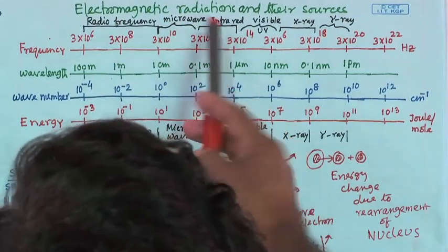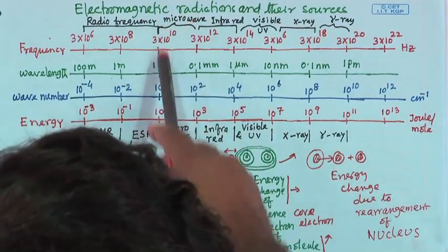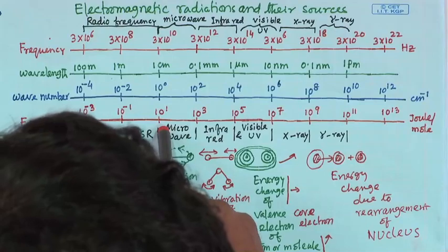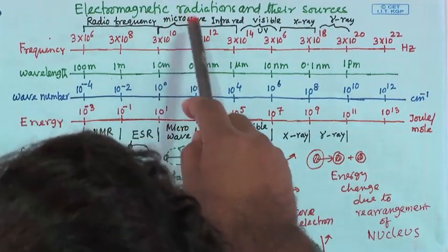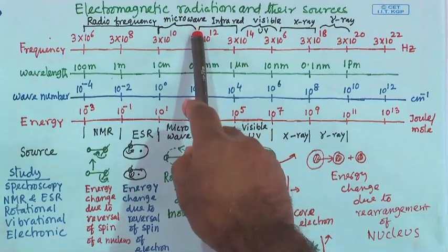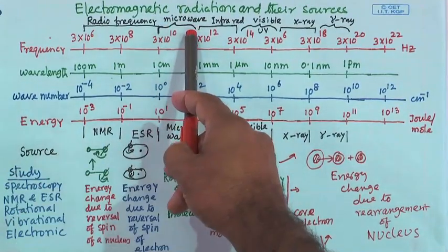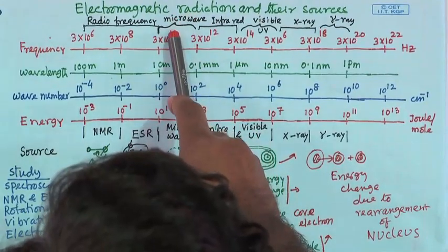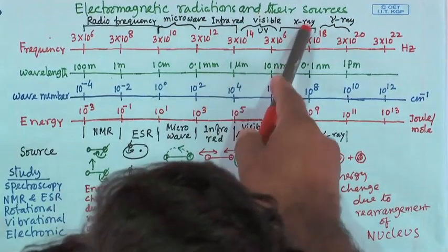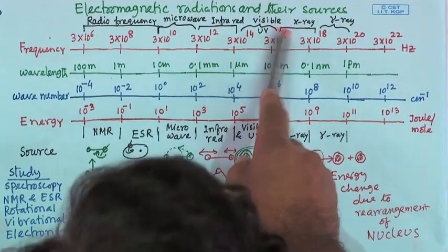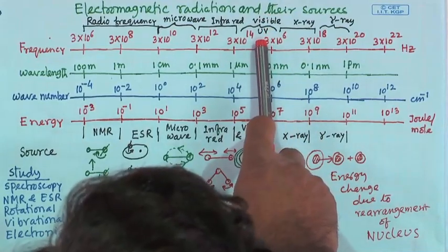Then the next range of frequency or wavelength or wave number or energy: if the electromagnetic wave is in this range, then that is called microwave. Then the next range is called infrared. Then the next one is called visible and ultraviolet range.